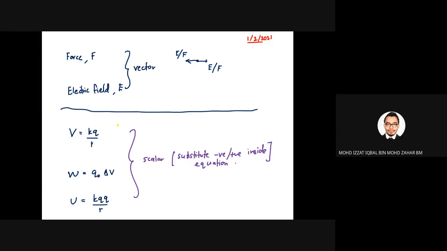And then the positive and negative actually will mean something. Nanti saya tunjuk one by one. Contohnya work positive and negative ada maksud dia. Potential positive negative pun ada maksud dia. Nanti we go through one by one.